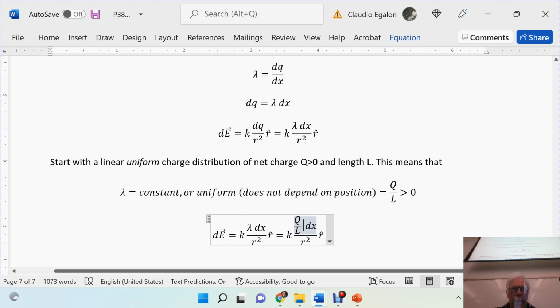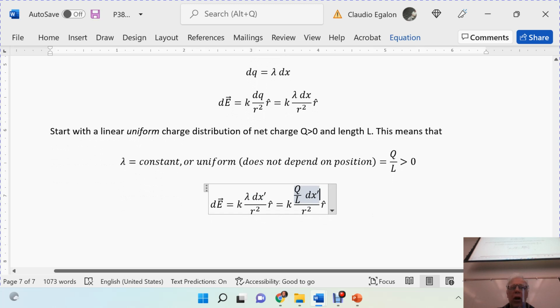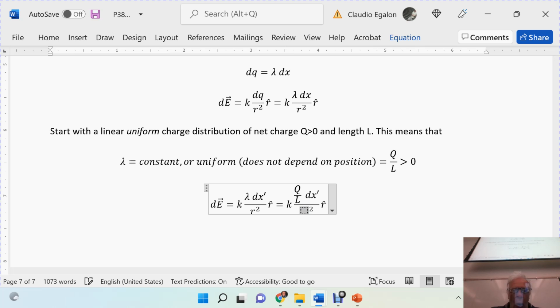And by the way, the right way to do that would be to put x prime, because we are integrating only along the position of where we have charges. Okay, and the r squared is the distance of the infinitesimal charge to that point, that I also call x prime, which should be squared.